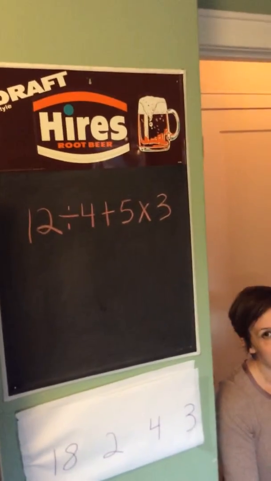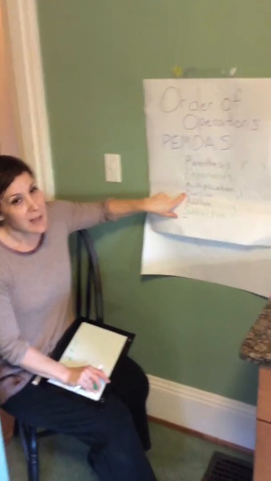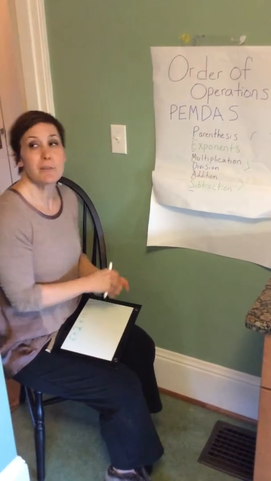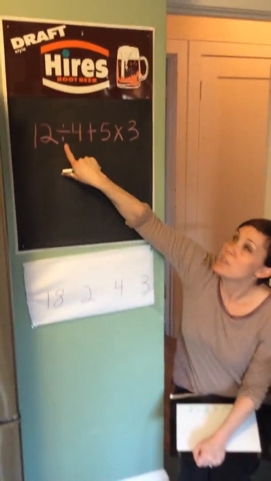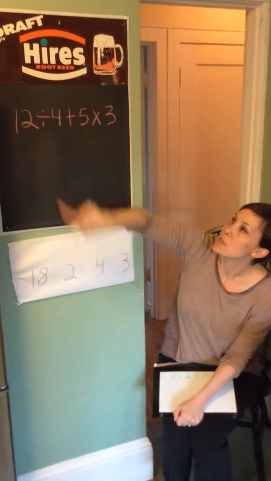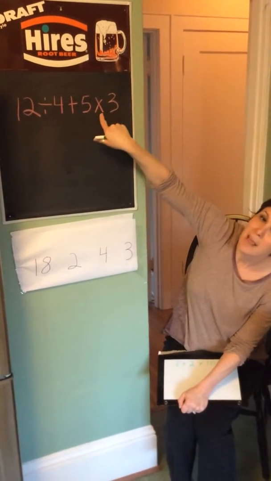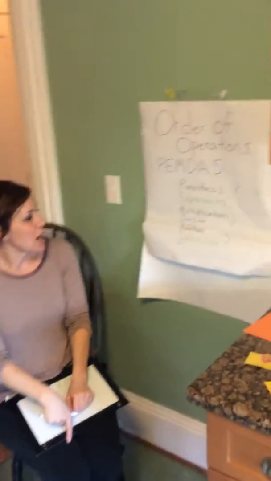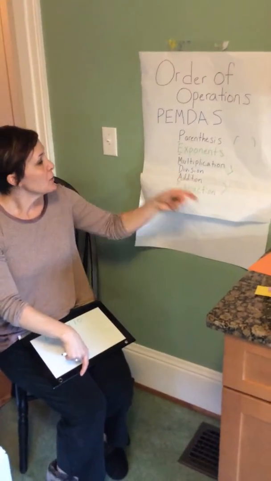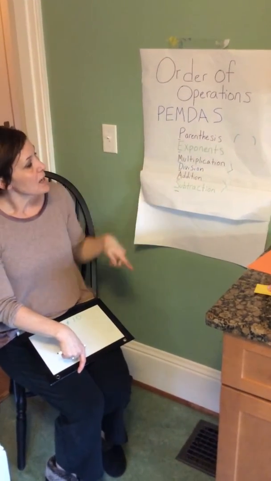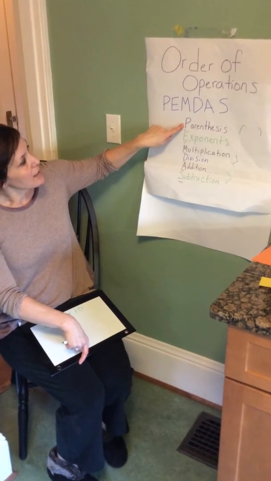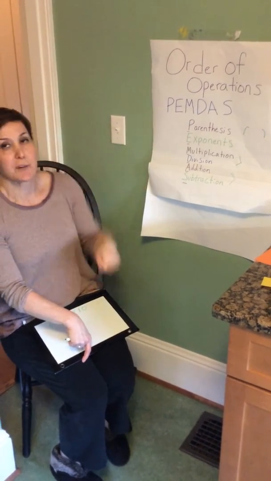And so you would do multiplication and division just the same way you would read a book, from left to right. So whatever comes first. In this problem, for example, the division comes before the multiplication, so you would do division and then multiplication. And then the same is true for addition and subtraction. When you look at a problem, you would just do them left to right. But you're always going to look at the parentheses and exponents first.